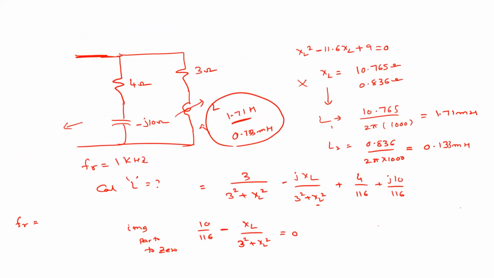So it is 1 upon 2 pi into root over LC into root over (R_L square minus L by C) by (R_C square minus L by C). In the denominator it is root over LC.